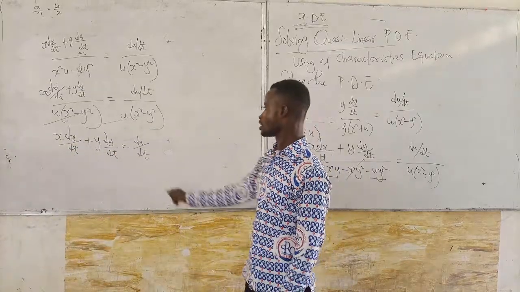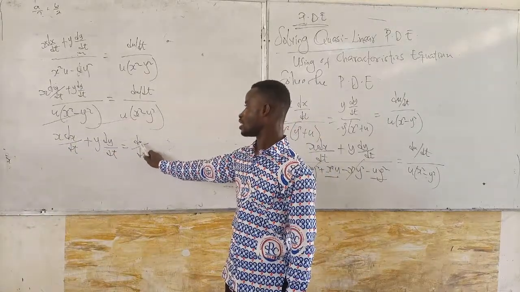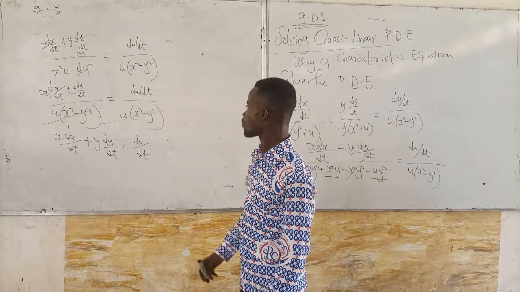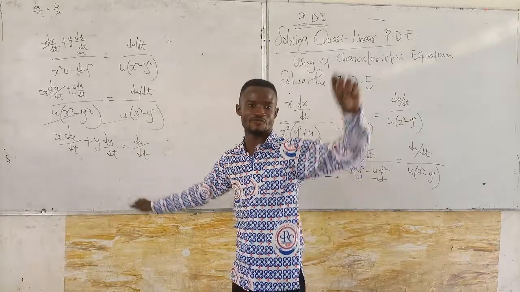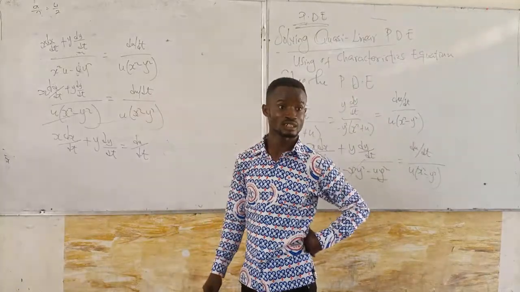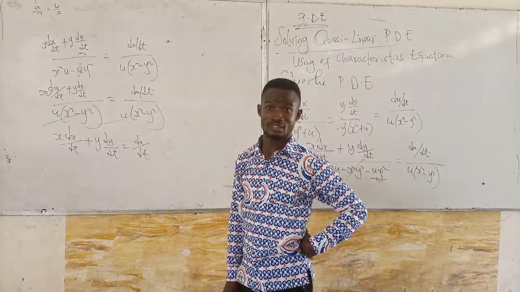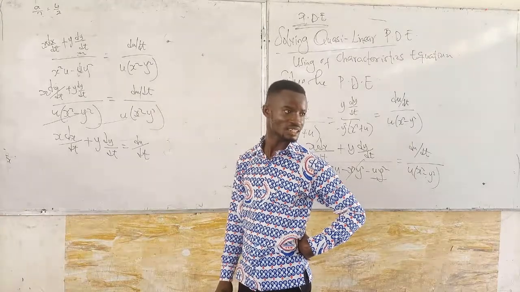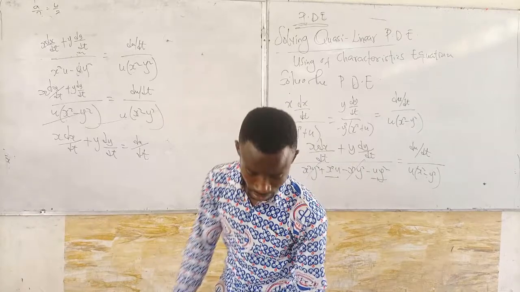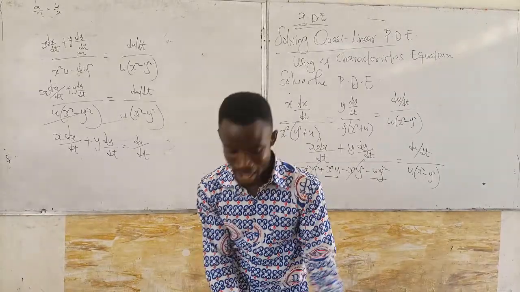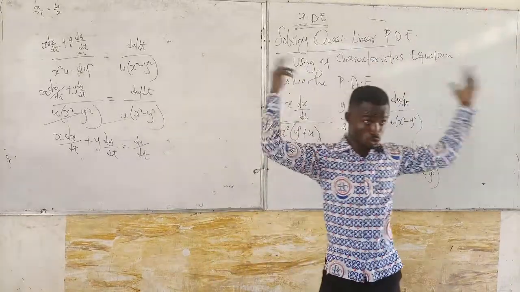Now compare this one to the first one. Is it the same? You see, it's not the same. Here there is no u there. They are not the same. So go by the same way that we used to do the first one.